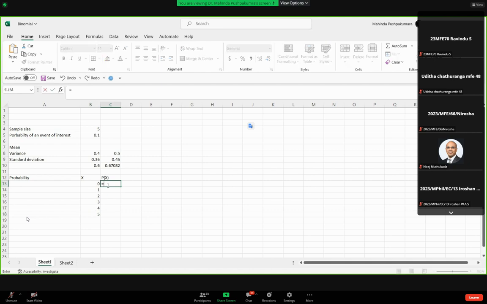Then you can type here binomial. Then you can see the binomial distribution. Then the numbers mean this x. Then the trial means sample size, comma. Then the probability, comma. Then you have two options, cumulative distribution or probability mass function.